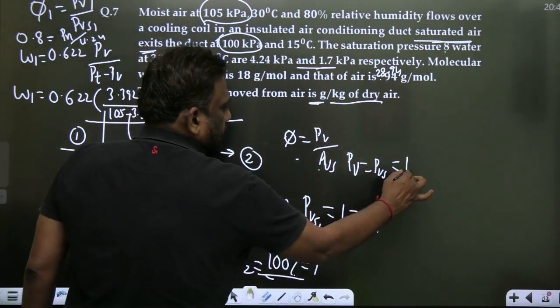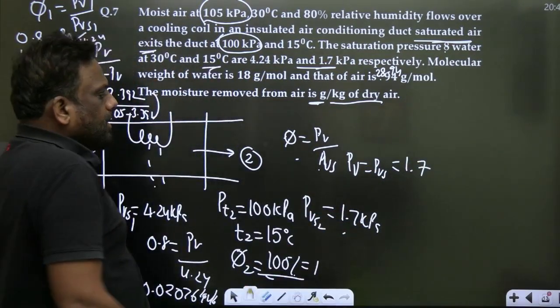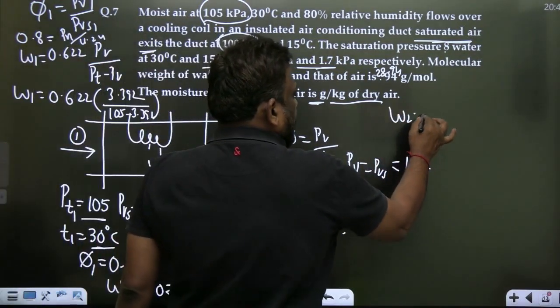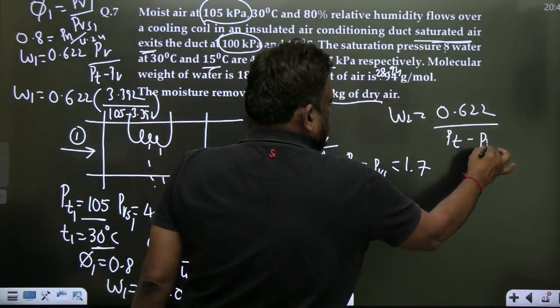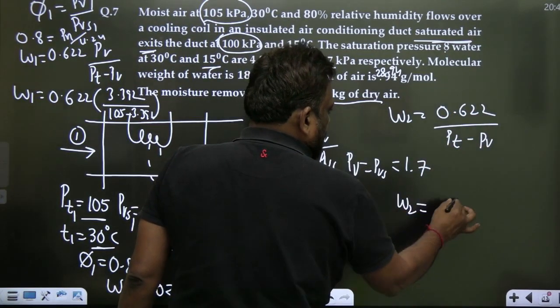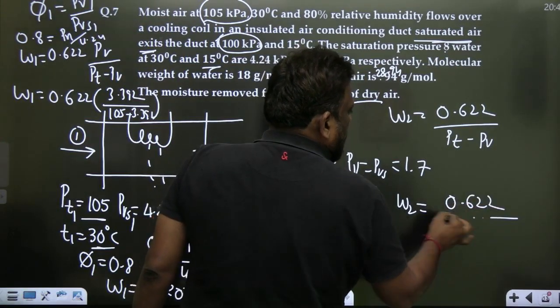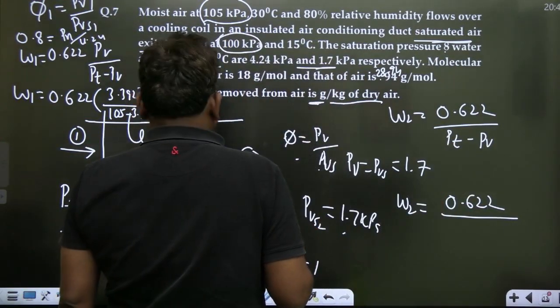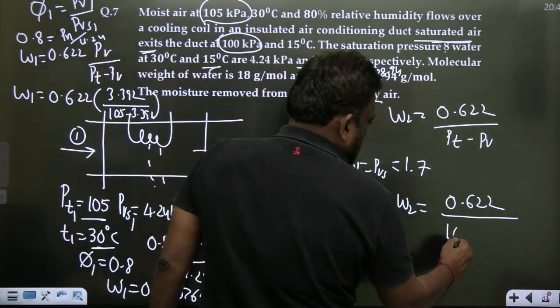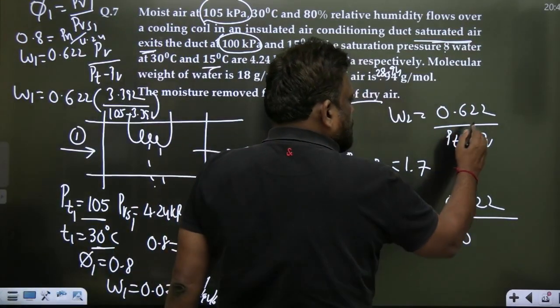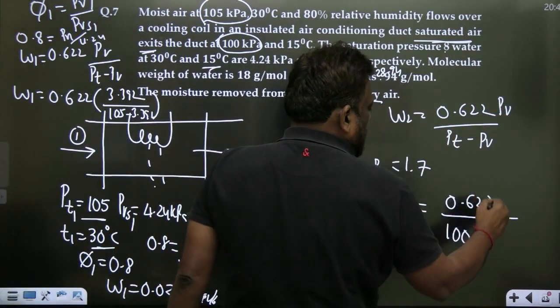So this comes to 1.7, sir. So let's calculate omega 2. It is 0.622 PV by P total minus PV. What is P total, sir? The P total at the second state is 100.